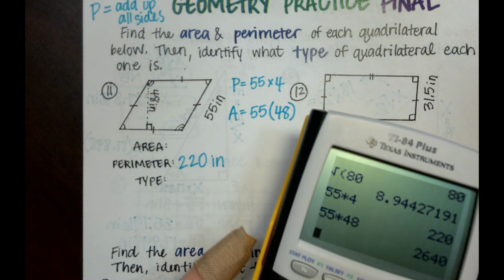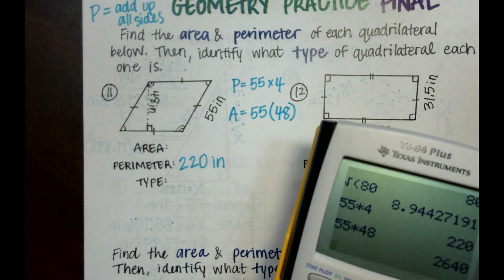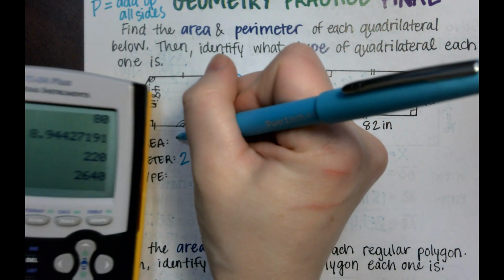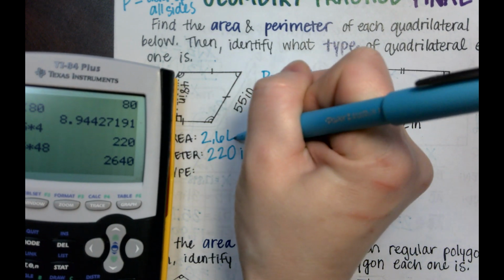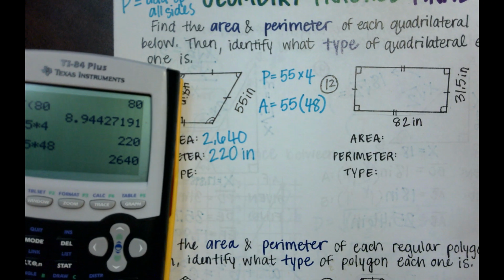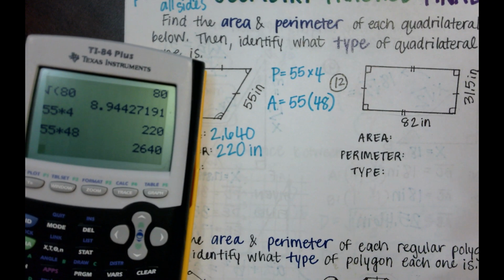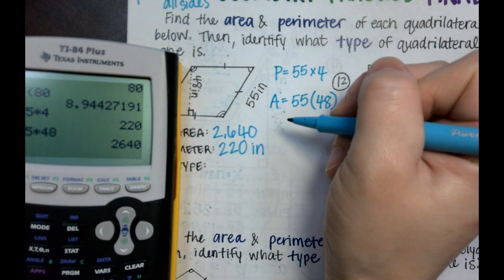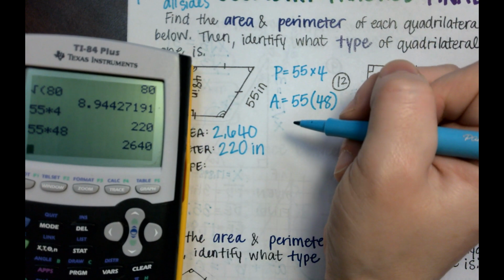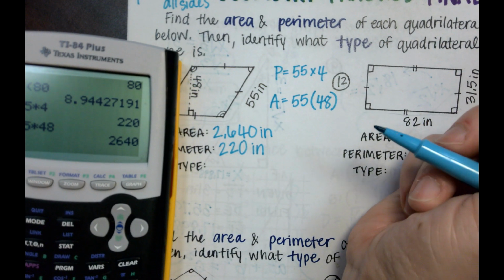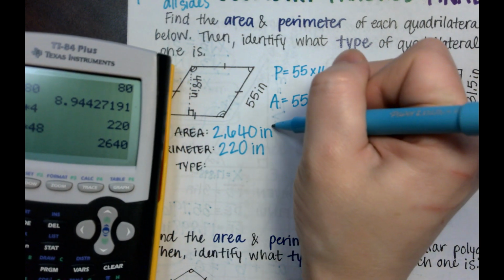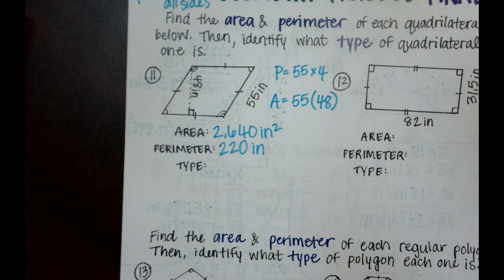And we're going to get a great big number. That would give us 2640. Perfect. And what would our units be? Inches squared. Inches squared. Good.